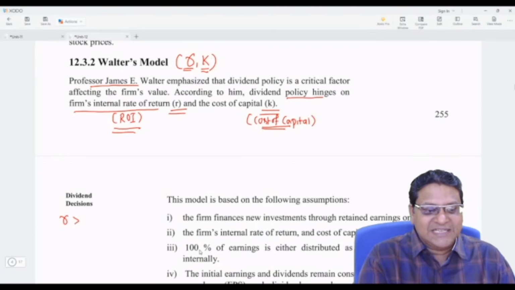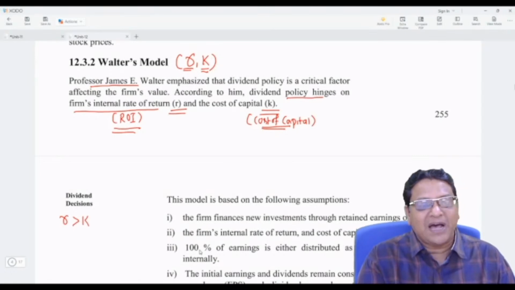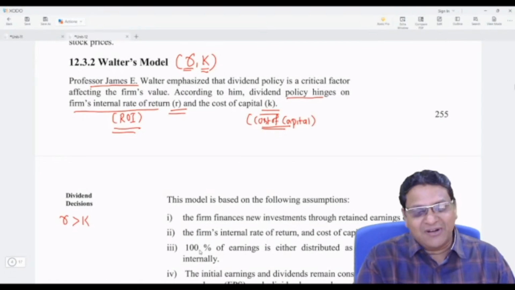One is R is greater than K. Those firms where R is greater than K, that means internal rate of return is greater than cost of its capital, are known as growth firms. So what is a growth firm?